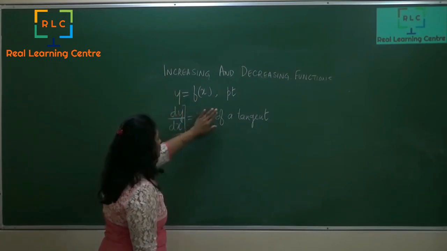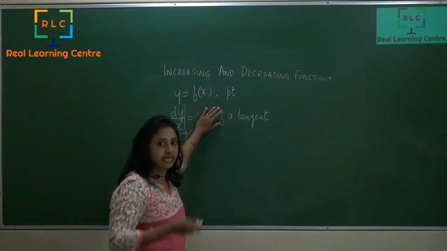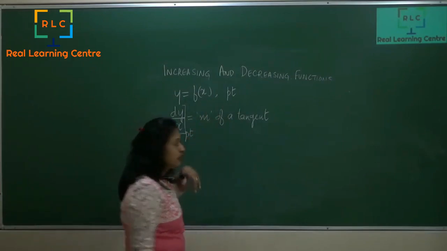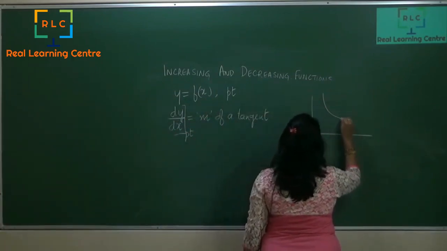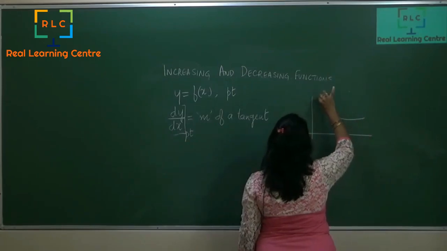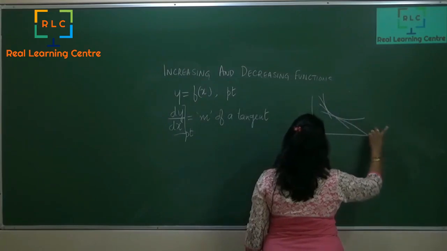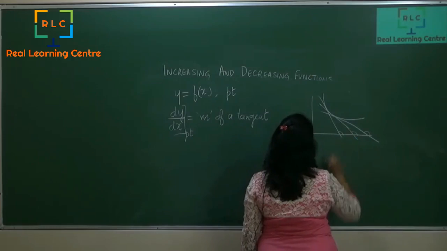If this slope of the tangent is always positive, then we say it is increasing, it's going up. And I will also show you, for a decreasing function, if you draw a tangent anywhere, it will always give you an obtuse angle with the x-axis.